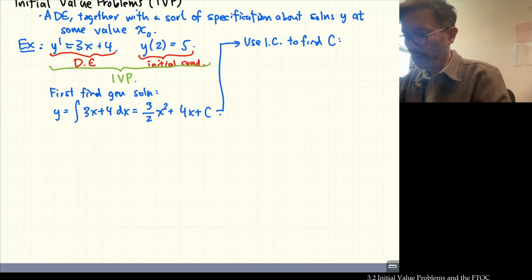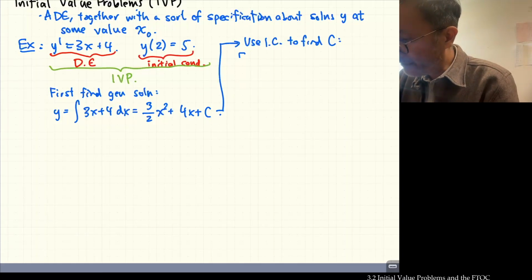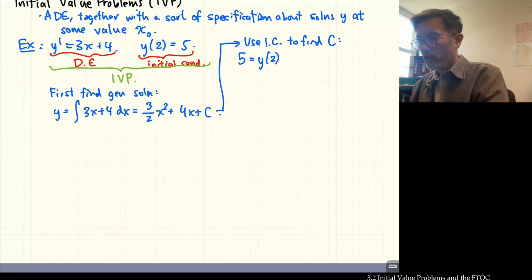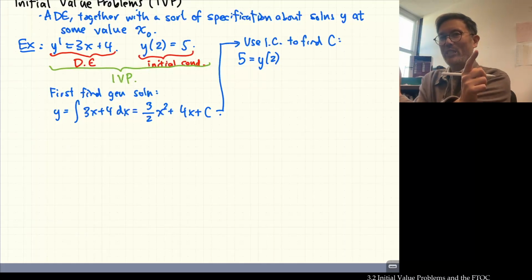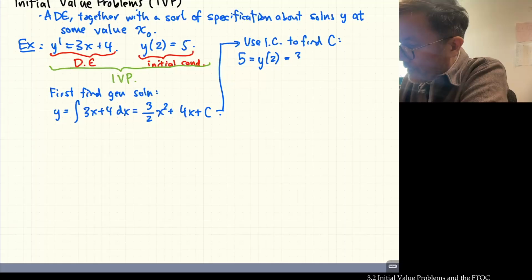How? Well, if we know that y of 2 is 5, then that means that we get 5 when we plug 2 in for x. So we get 5 is equal to y of 2. That's just me writing the initial condition in the other order. And then y of 2 is simply 3 halves times 2 squared plus 4 times 2 plus c.